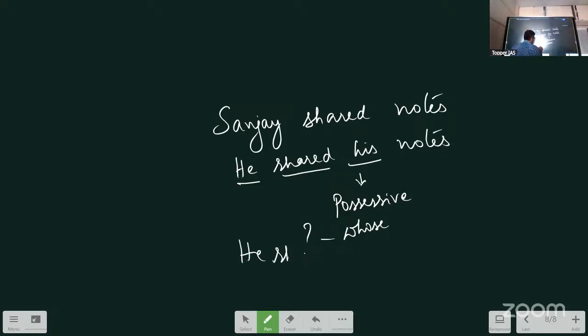I can also say he shares my notes. Your subject is he, but possessive is mine. ಅಂದ್ರೆ ಅವನು ನನ್ನ ನೋಟ್ಸ್ ಶೇರ್ ಮಾಡ್ದ. ಸೊ ಪೊಸೆಸಿವ್ ಪ್ರೊನೌನ್ ನೀಡ್ ನಾಟ್ ಬಿ ದ ಸೇಮ್ ಆಸ್ ದ ಸಬ್ಜೆಕ್ಟ್ಸ್. ಬೇರೆಯವ್ರದ್ದು ಇರ್ಬೋದು. Did you understand?